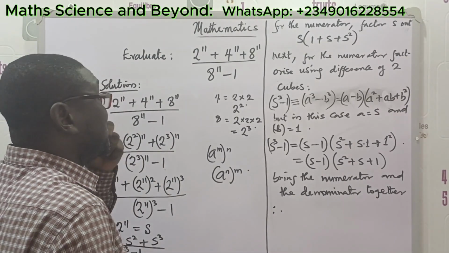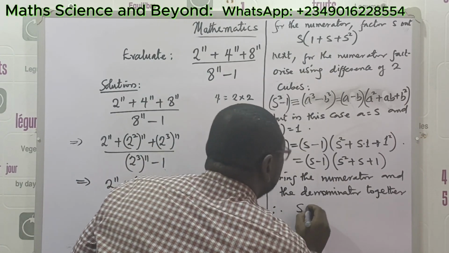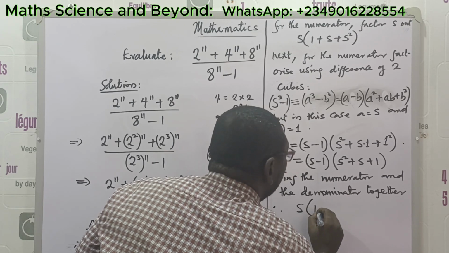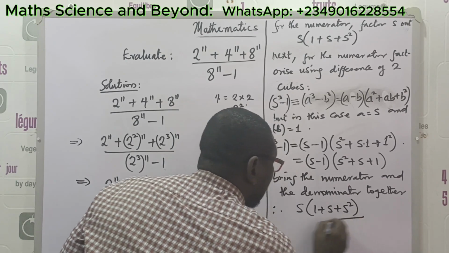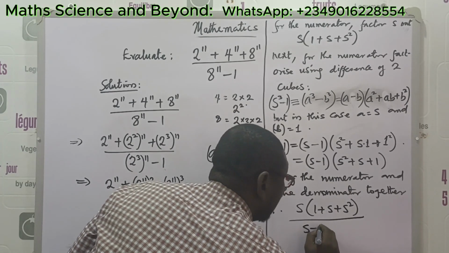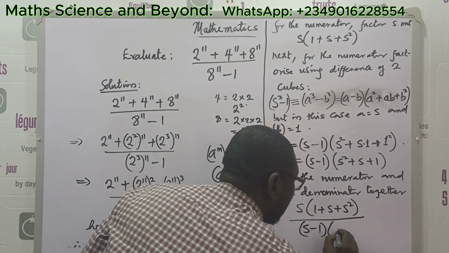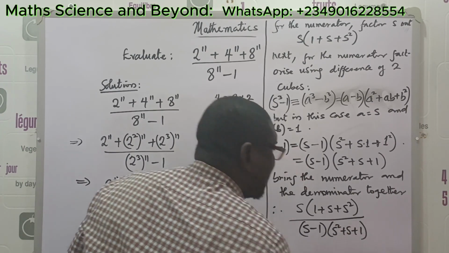If you look at it, this is the numerator, which is s into 1 plus s squared, all over, this is the denominator, s minus 1, s squared plus s plus what? 1.